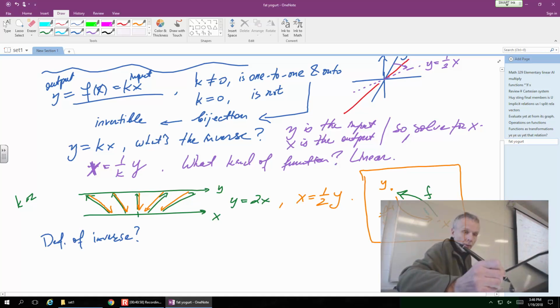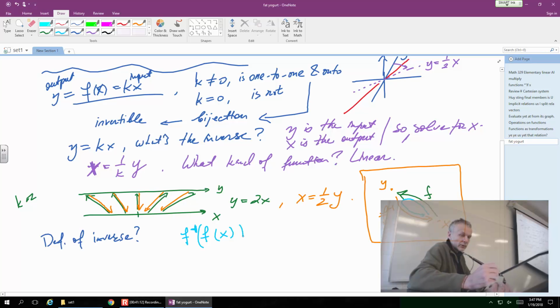This is our trip, and that trip is from x to x. So let me write this trip. I start with x, then I apply f, and then I apply f inverse. And the result is x.